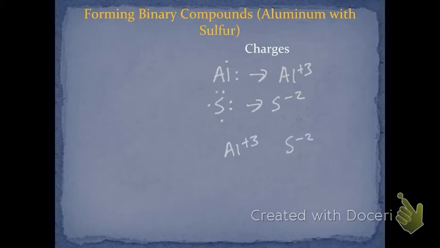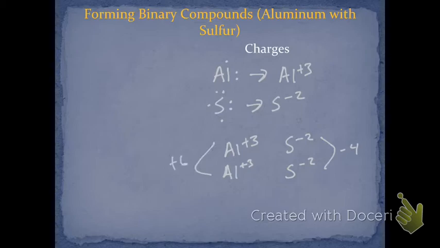Now if I combine these two, it's not going to be neutral. It's actually going to be more positive. So I want to make this more negative. I'm going to add an extra sulfur -2. This makes it -4 compared to the +3. It's still not neutral, so I'm going to add another aluminum because it's too negative right now. So this is +6.